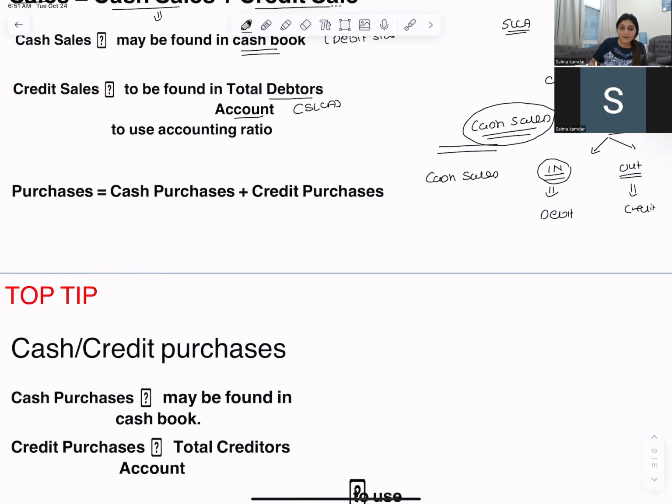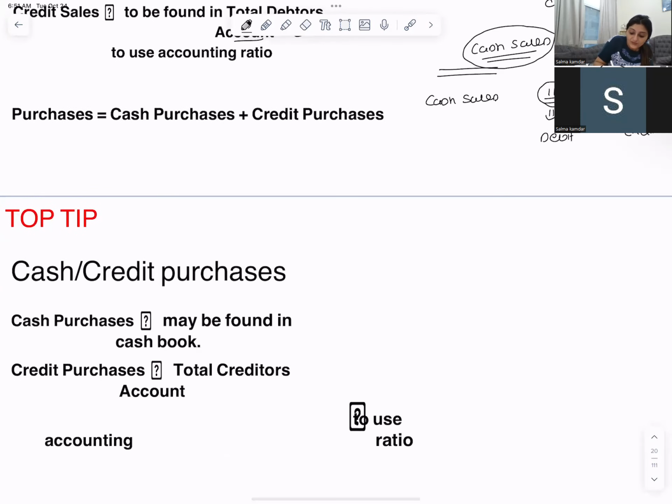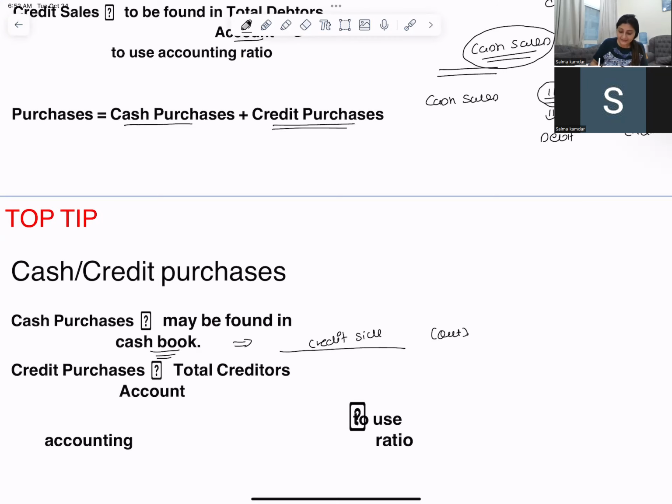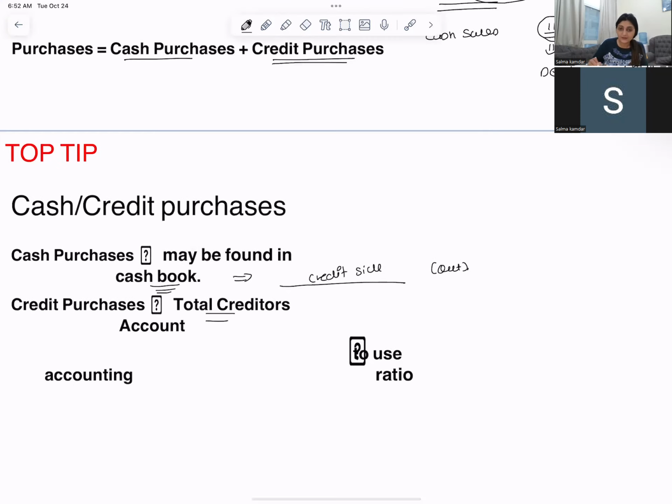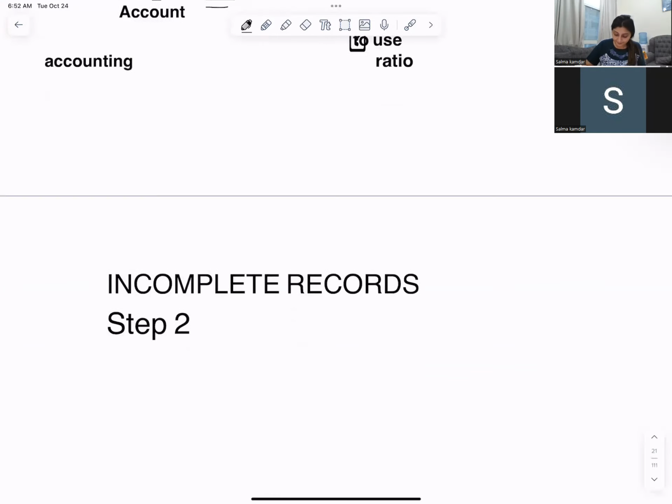Similarly, your purchases is made up of cash purchases and credit purchases. Cash purchases will be found in the cash book. Which side? The credit side, because when you purchase, the money is going out. And the credit purchases will be found in the PLCA.